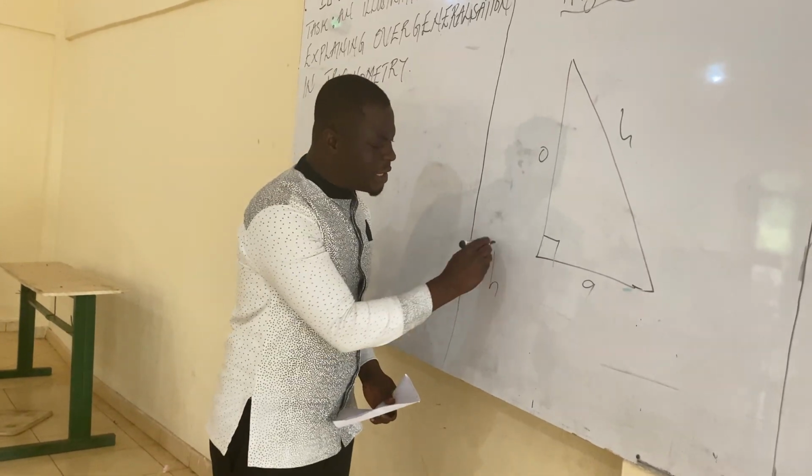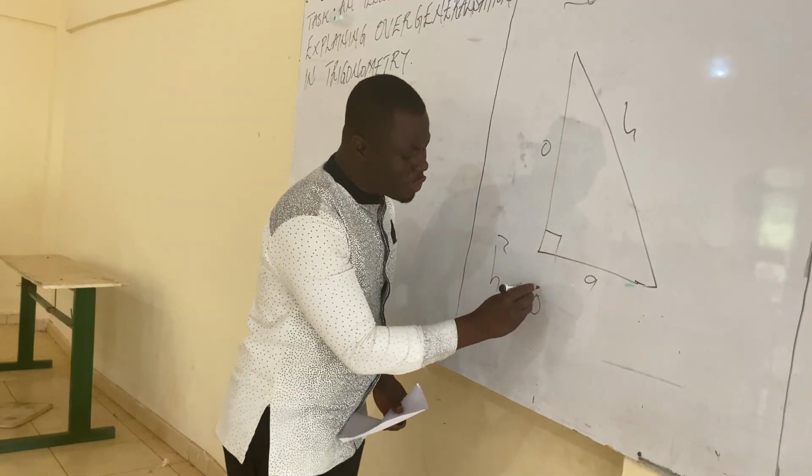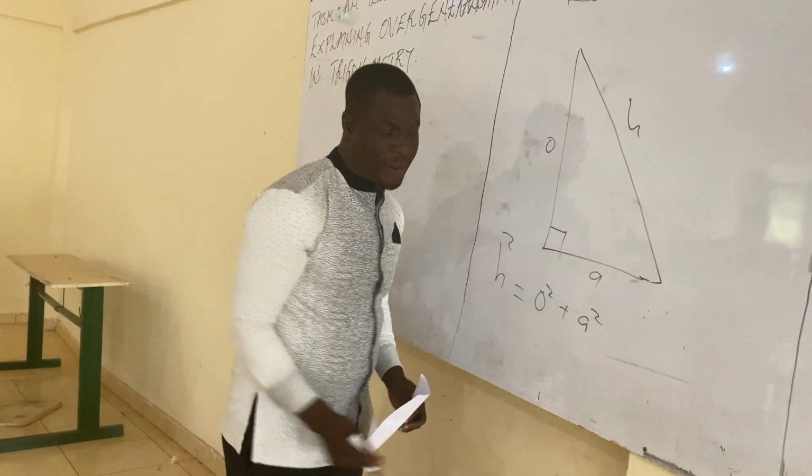So h squared is equal to o squared plus a squared.